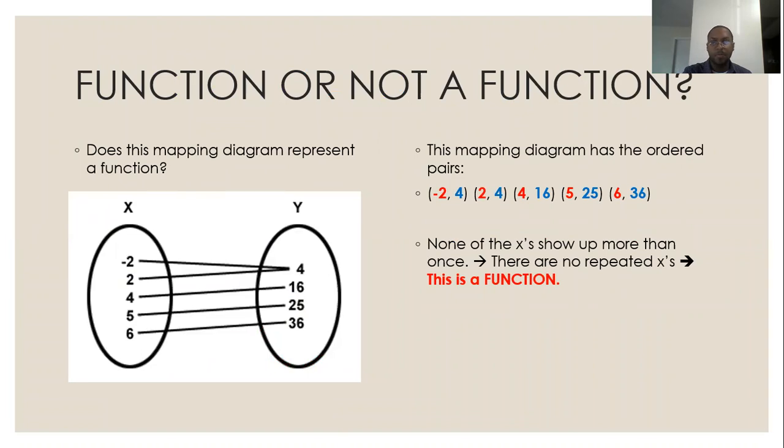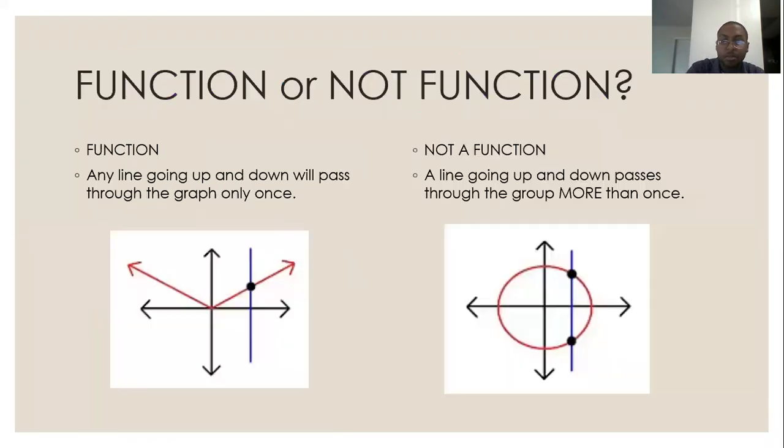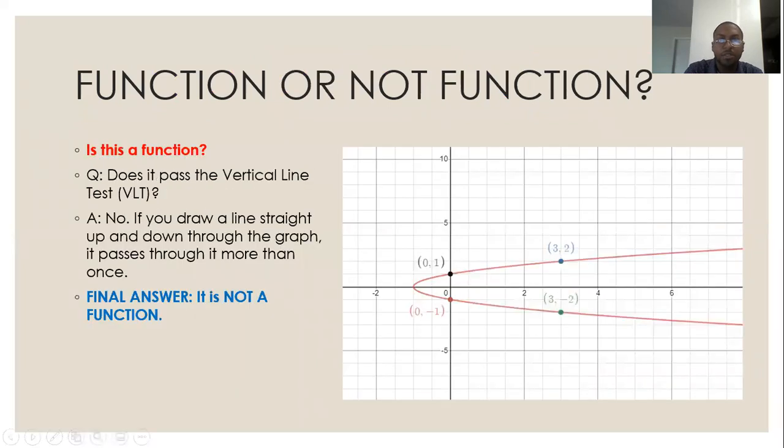The second test is called the vertical line test, or the pencil test. Basically, you draw a line through the function, and you see, does it go through it more than once? Yes.